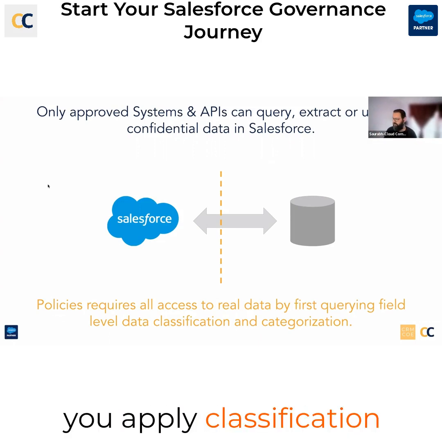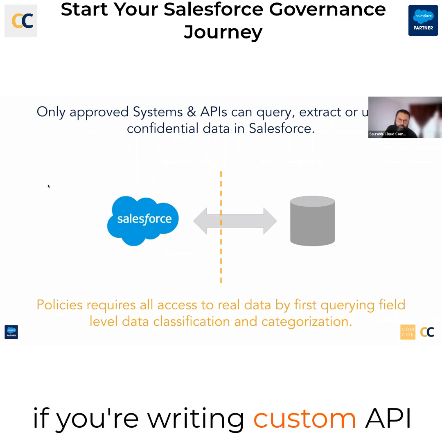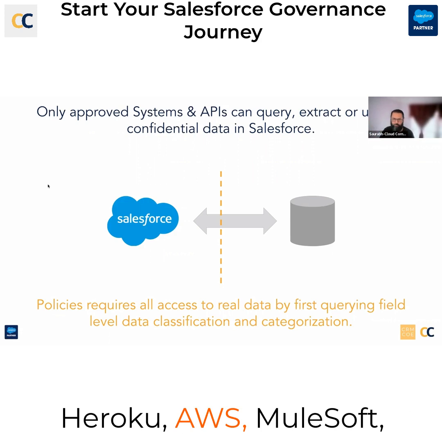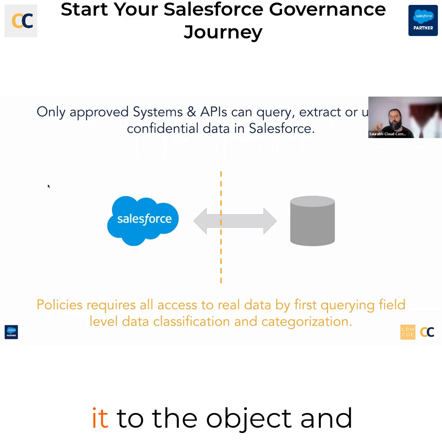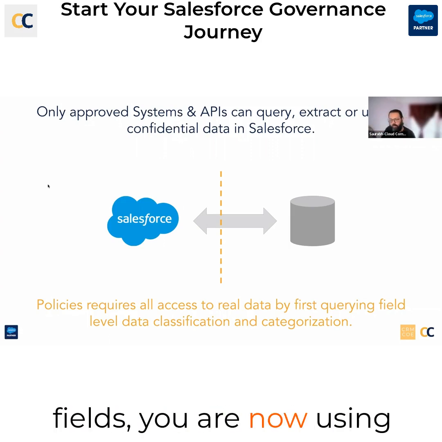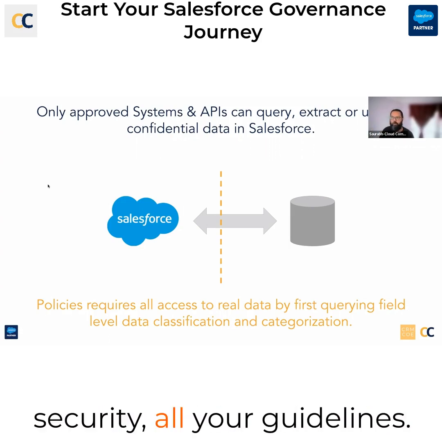As long as you apply classification and categorization, all of these integrations, APIs, if you're writing custom APIs on Salesforce, writing Apex, connecting through Heroku, AWS, MuleSoft, whatever you're doing, instead of binding it to the object and attributes of an object or fields, you are now using the metadata to drive it, all your policy, all your security, all your guidelines.